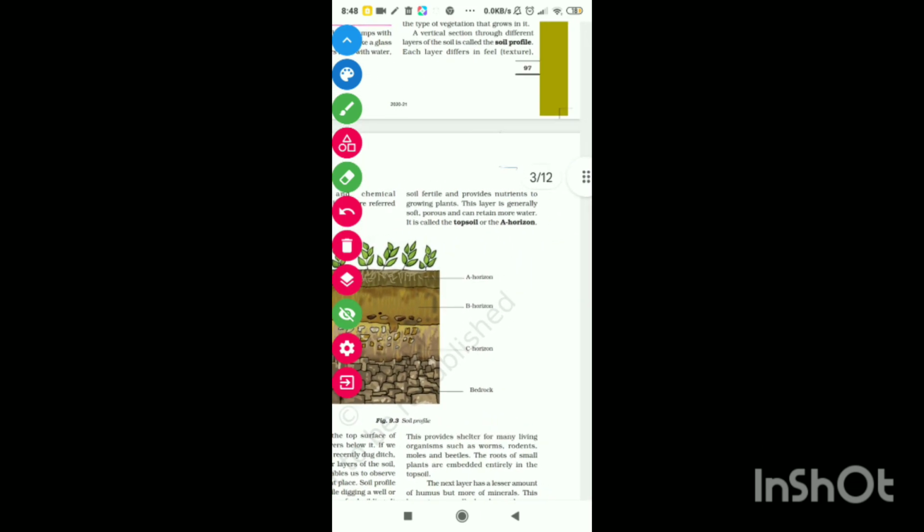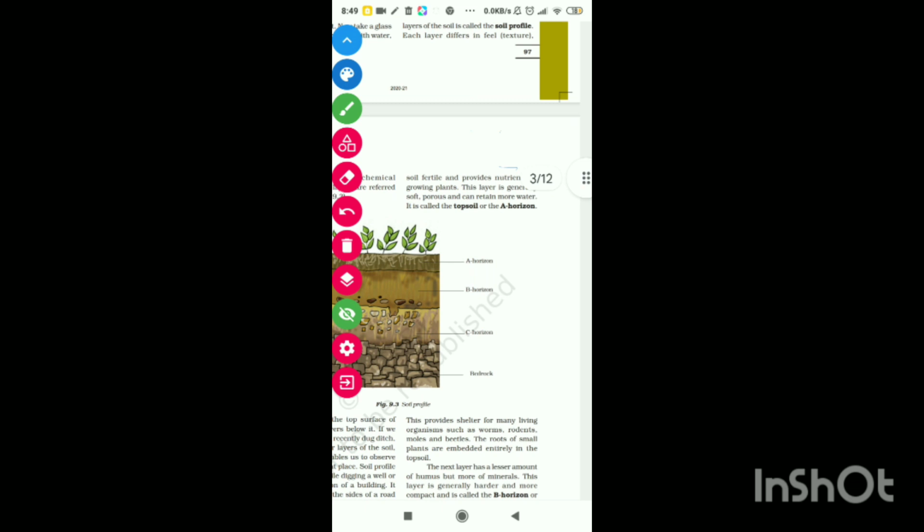It is generally soft, porous, and can retain more water. Its water retaining capacity is very good, and it also contains a huge amount of humus, which is very good for the fertility of soil.